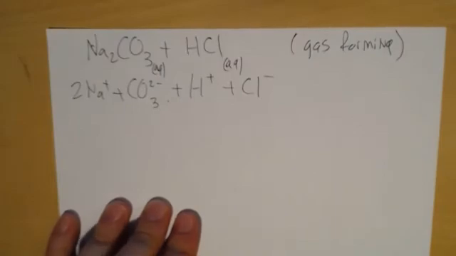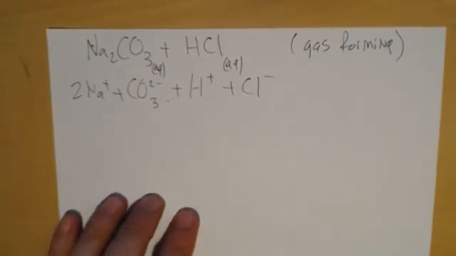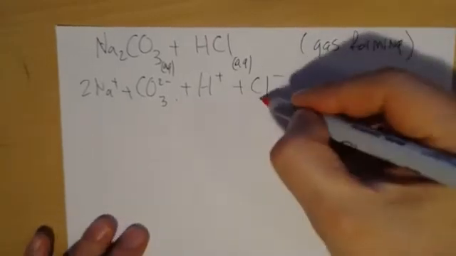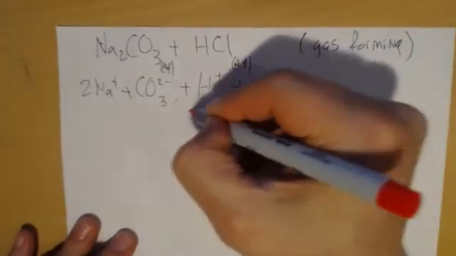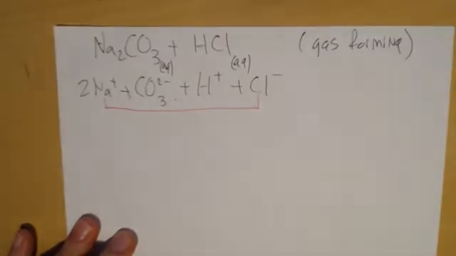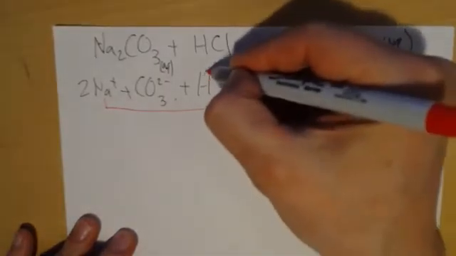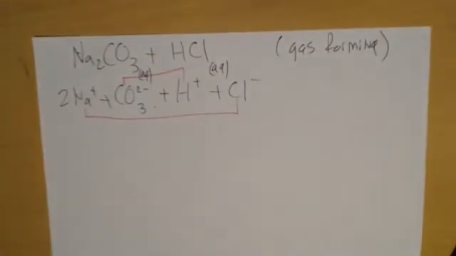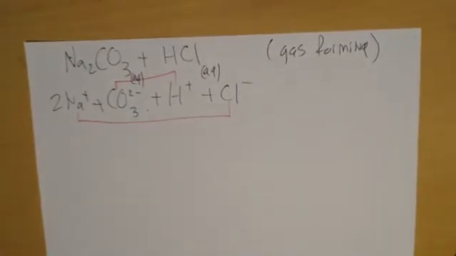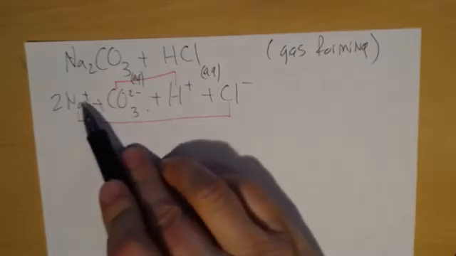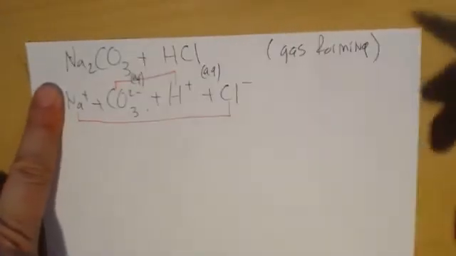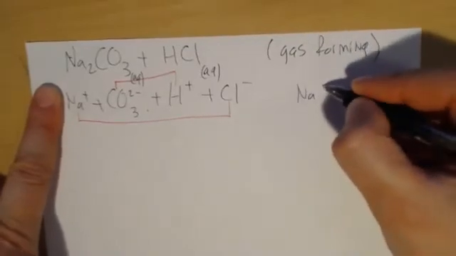So then I'm going to switch partners. Who's going to go with who after they switch? It looks like chloride will go with sodium and hydrogen ion with carbonate. So what are the new products? Sodium's plus 1, chloride's minus 1, so I'm going to have sodium chloride.